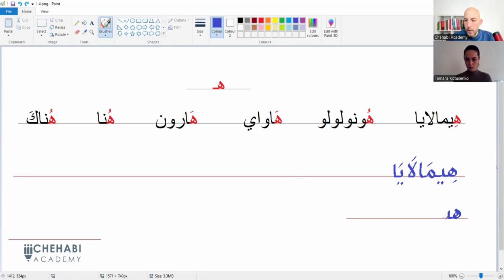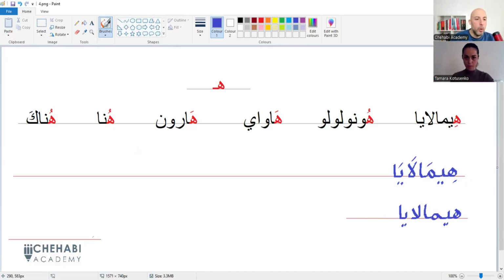He. Now, instead of raising your hand, you can just make a wave, and then go back to the line. Hima. And if you want, you also can write the other form of the lam alif, which is lam, and the alif is diagonal on top of it. La, ya. And then you have to keep a gap, of course, between the alif or lam alif and anything coming after.